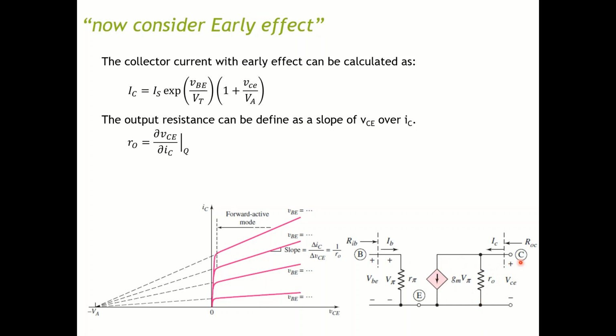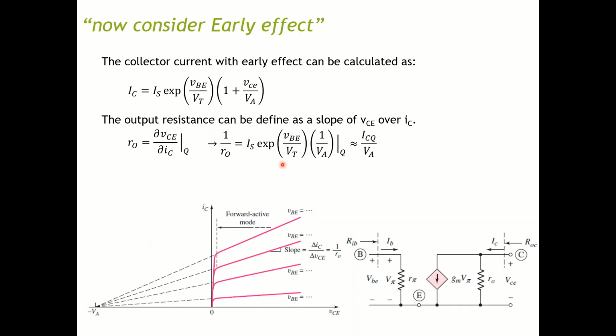The output resistance can also be defined as the slope of VCE over IC, this inverse slope right here. Basically this slope is actually 1 over RO.